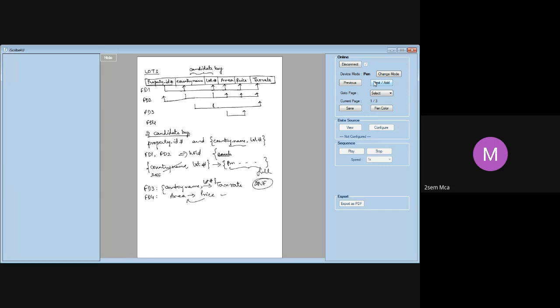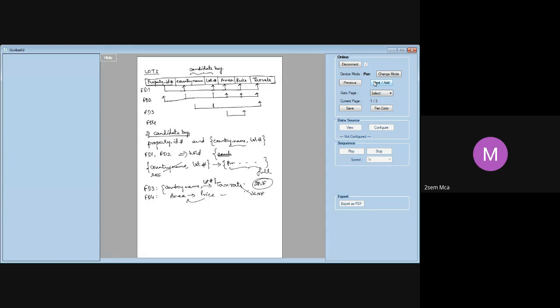It violates the second normal form. Why? Because this tax rate is partially dependent on the candidate key. If I remove one of them, I can still identify the tax rate. Either I remove lot number or I remove the country name, I can still find out the tax rate. So this tax rate is partially dependent. That is why FD3 violates the second normal form.